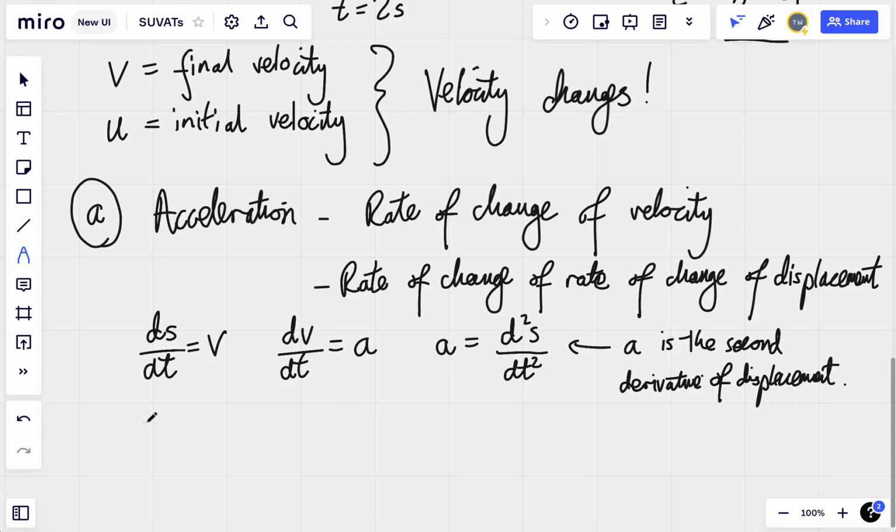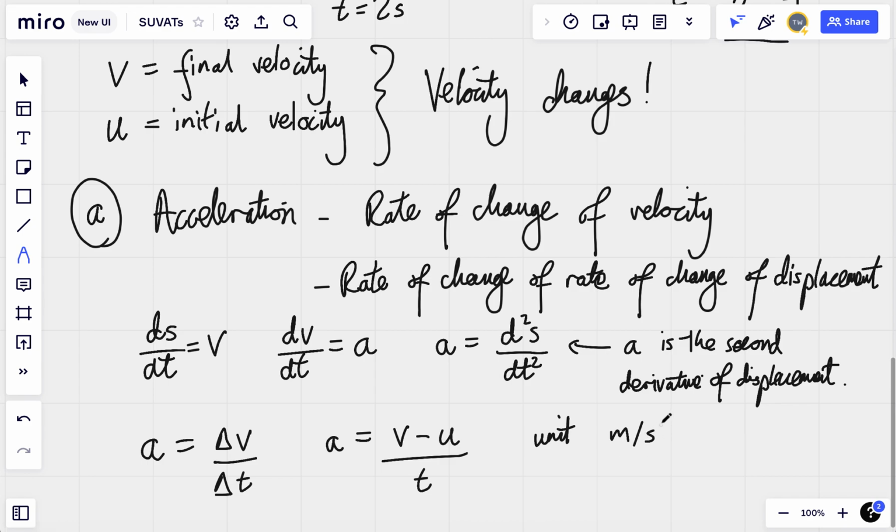We could also think about it a little bit more simply. We can say that acceleration is my change in velocity divided by my change in time. And we can also write, and this is a very important equation, final velocity subtract initial velocity divided by the time taken to change velocity gives us acceleration. Okay, now the unit for acceleration is, if we think about it, meters per second per second.